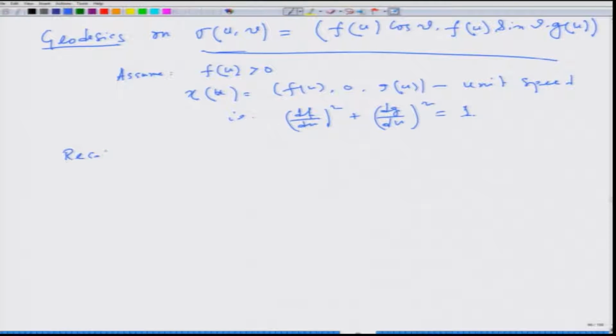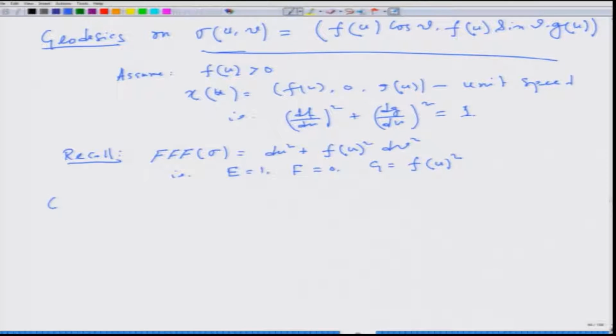We just recall it was an assignment problem. The first fundamental form of sigma is simply du^2 + f(u)^2 dv^2, that is E = 1, F = 0 and G = f(u)^2.